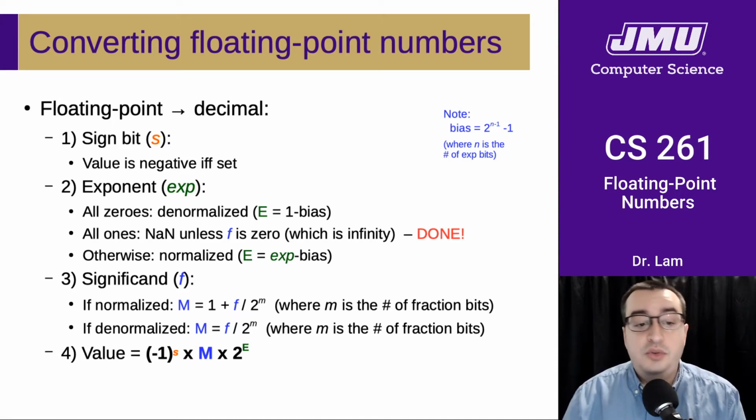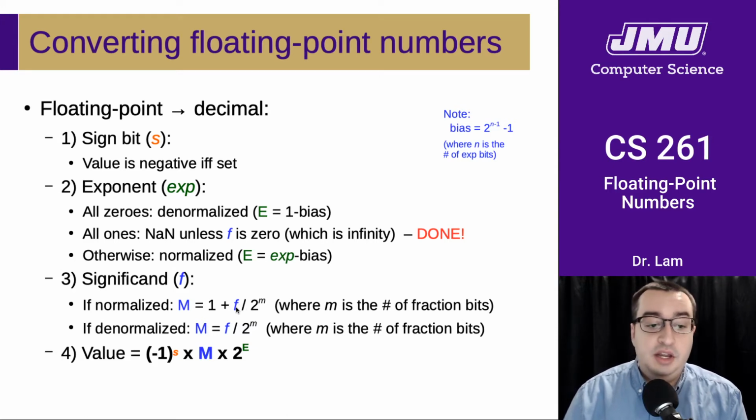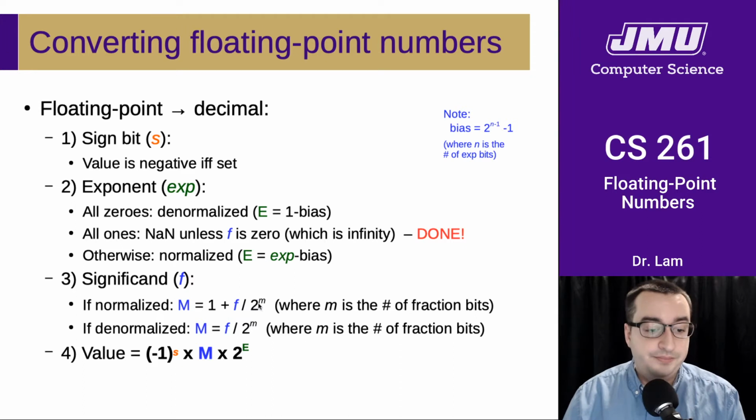We could also just use these formulas that are here, where you take the fractional value and convert it to a number, and then you divide by the power of 2 that corresponds to the number of bits you have, and that's equivalent to multiplying by a negative power of 2.